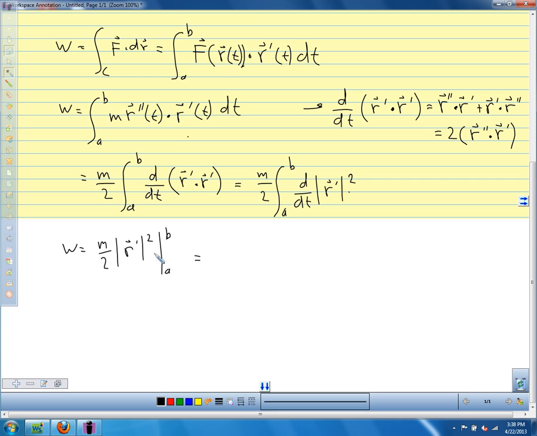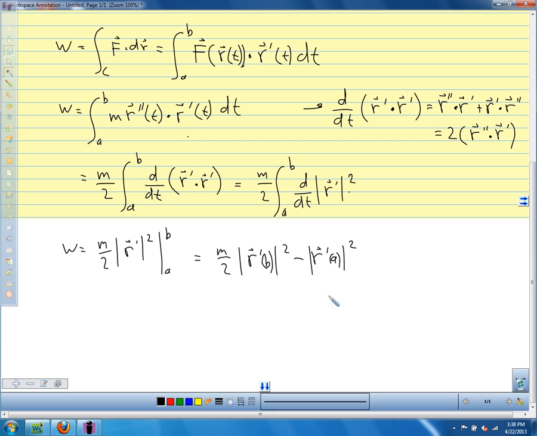If I write this out, we're evaluating r prime at the endpoints. This is m over 2 times the magnitude of r prime of b squared minus the magnitude of r prime of a squared.